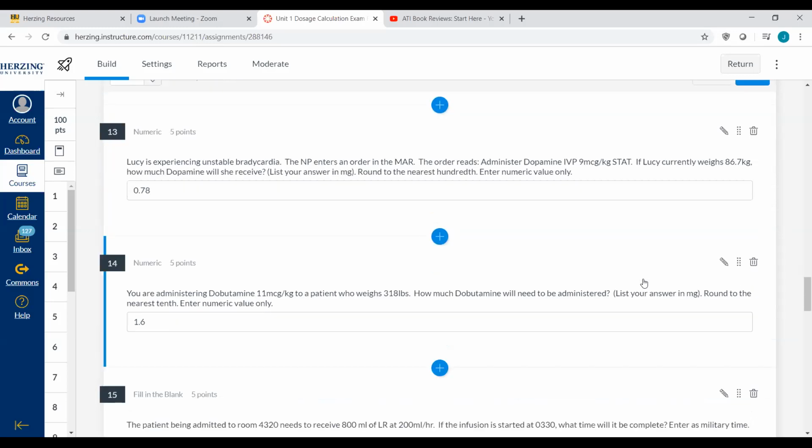All right, here's one. This is a time one again. This person is receiving 800 milliliters of lactated ringers at 200 milliliters per hour. If the infusion is started at 3:30 in the morning, what time will it be complete? 7:30.